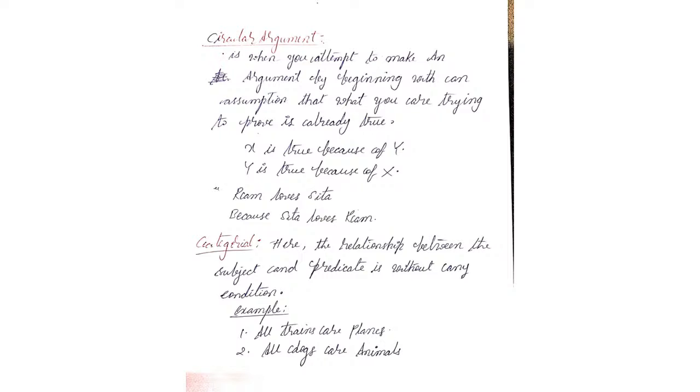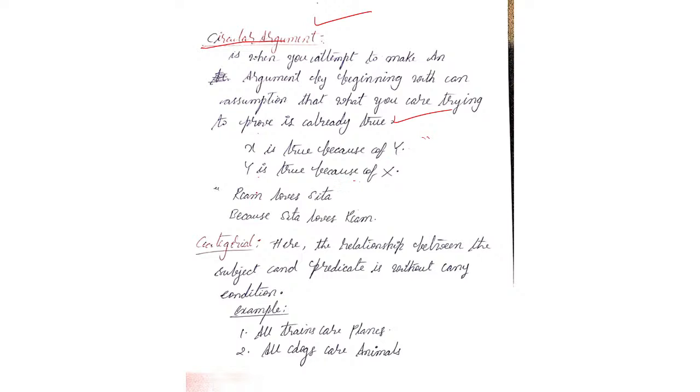Okay. What is a circular argument? A circular argument is when you attempt to make an argument by beginning with an assumption that what you are trying to prove is already true. This is like a circle. X is true because y is true, because x is true. These two are interrelated, like a circle.